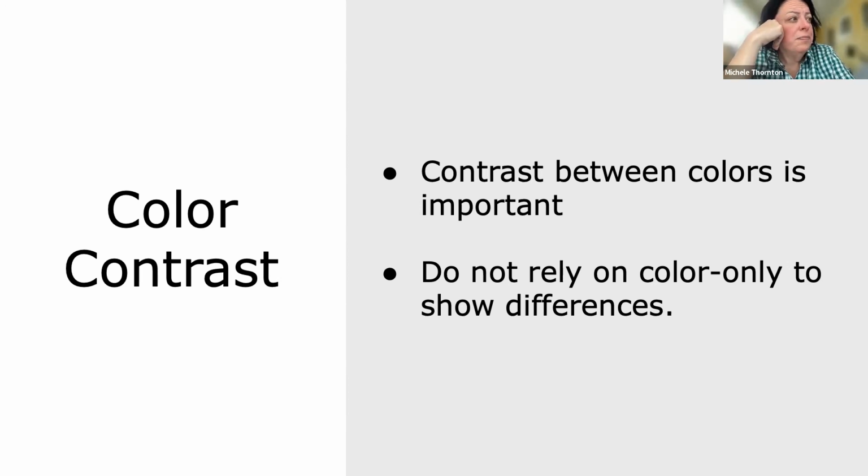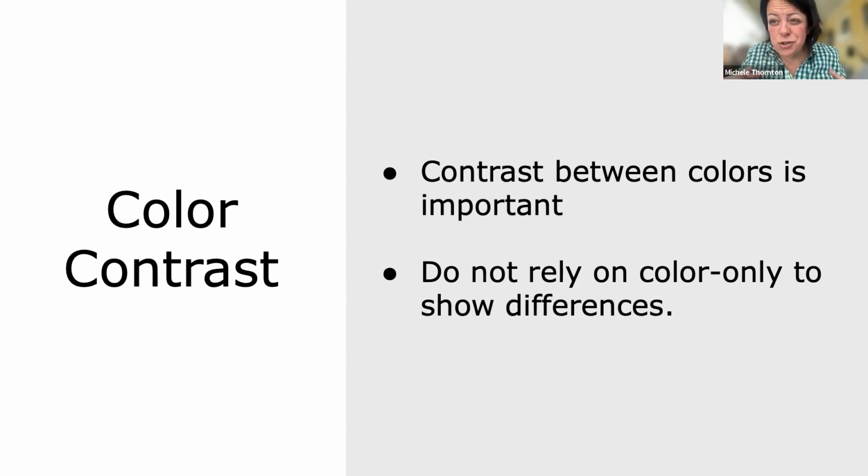So I think it's important for us to recognize that if you're an individual that wants to change up colors, make it look a little more fun or creative, you just have to be cautious that you are choosing colors with enough contrast so that it can be seen, particularly if somebody has a visual impairment or is colorblind. You don't want to rely only on color to show the differences between things.